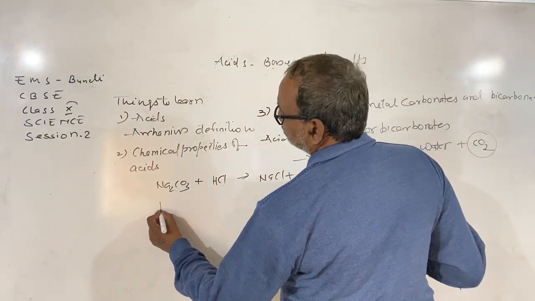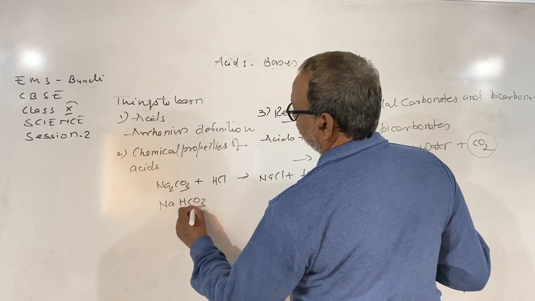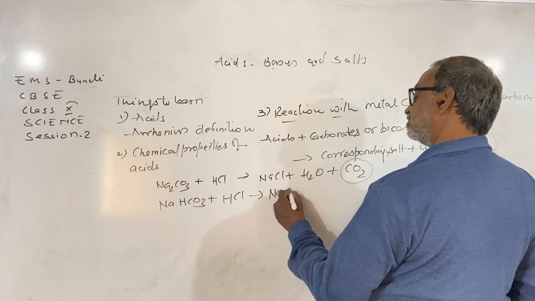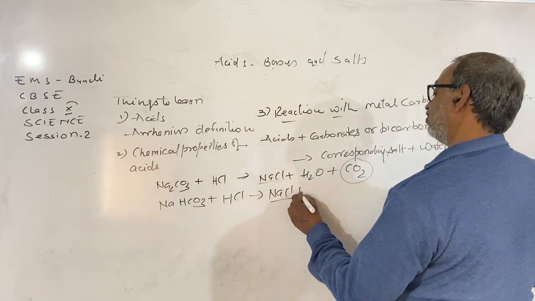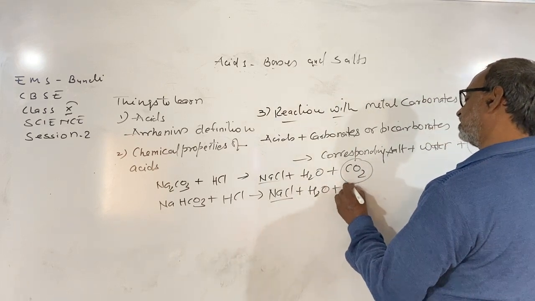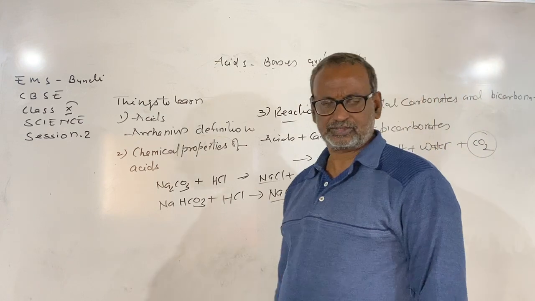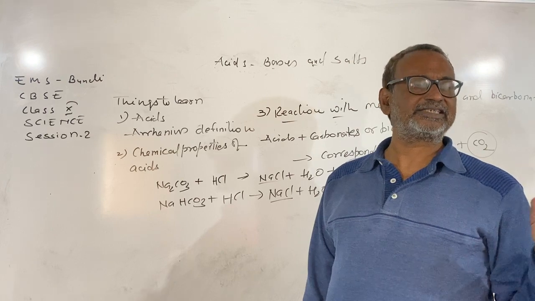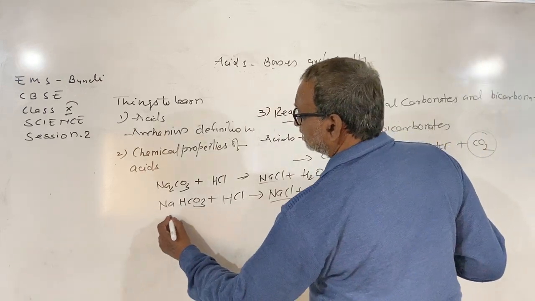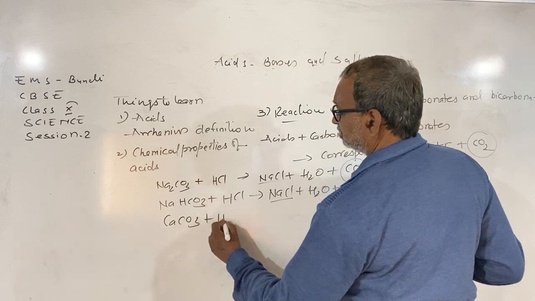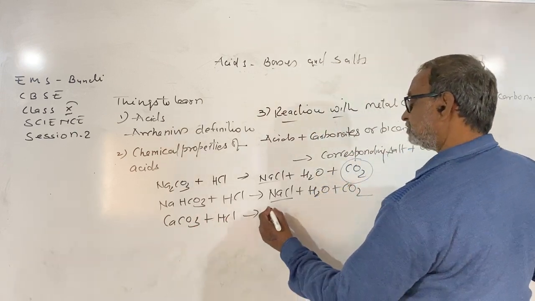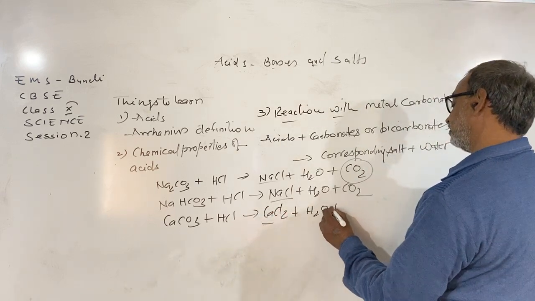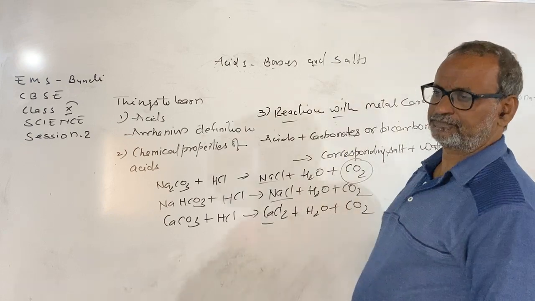Similarly, sodium bicarbonate or sodium hydrogen carbonate reacts with hydrochloric acid to form salt, sodium chloride, water, and liberates carbon dioxide gas. Eggshell, which is actually calcium carbonate, reacts with hydrochloric acid to form calcium chloride, the corresponding salt, water, and liberates carbon dioxide.